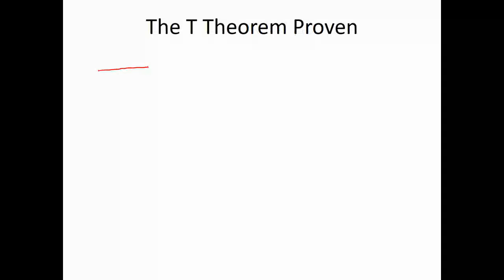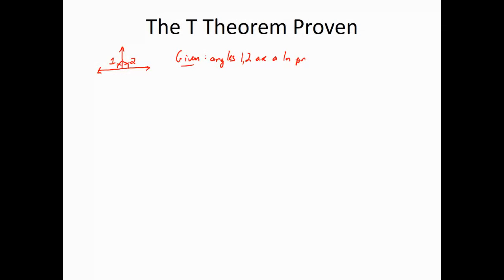Okay, so let us prove the theorem. So if we have a linear pair and they are equal in measure, I just created a linear pair that are equal in measure, we will say that each is right. And I believe in this case, we can make do simply with numbers for the angles. So here's the given. It's actually two-part. Angles 1 and 2 are a linear pair.